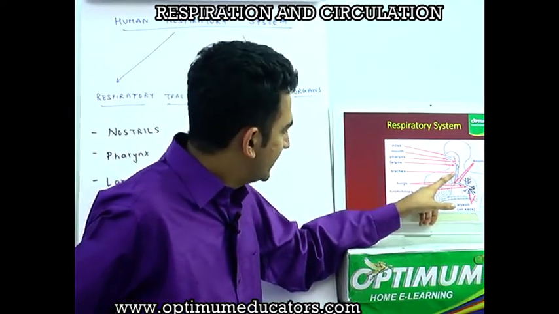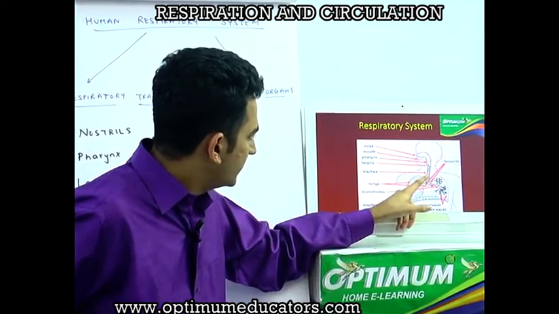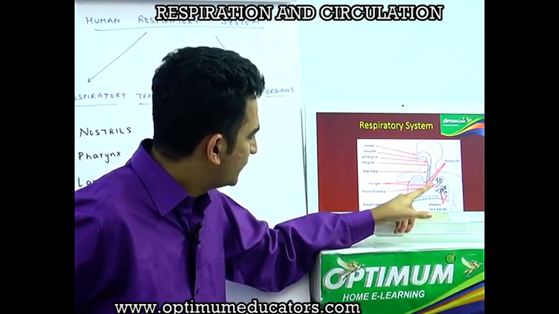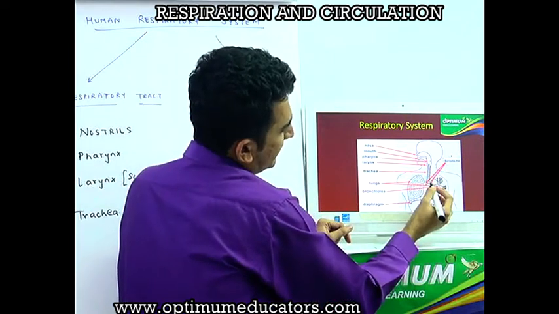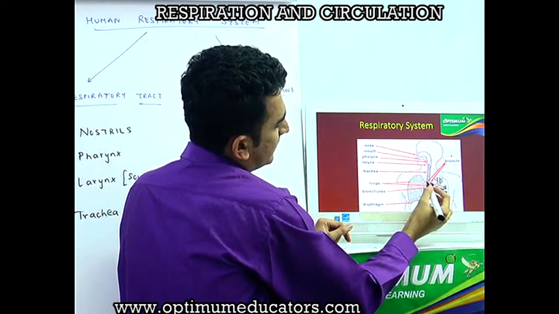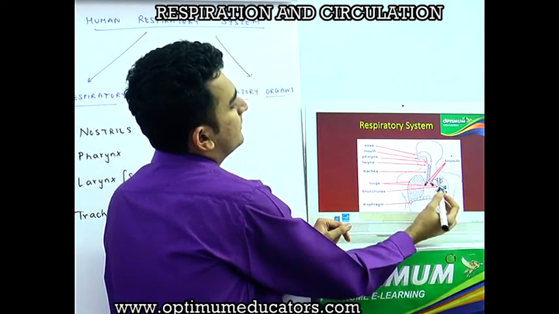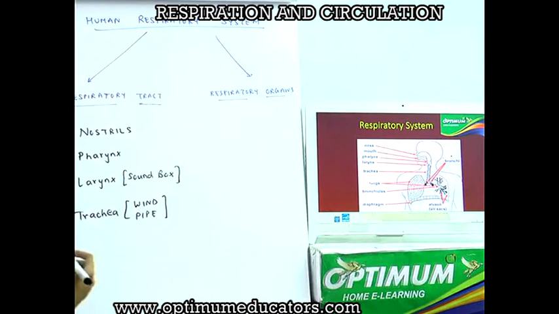And this trachea further divides to form bronchi. So here we are, this is the bronchi. Two lungs. So the trachea divides, becomes the left bronchus and the right bronchus.